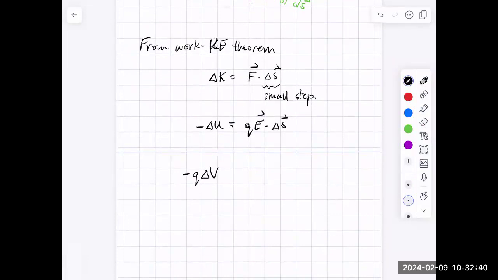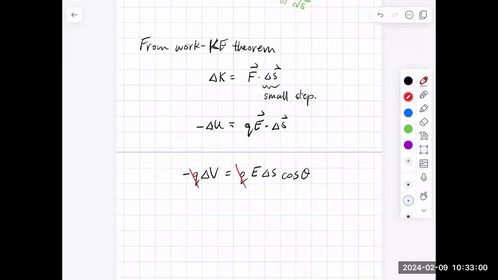And then over here, we're going to have Q, and then we have a dot product, which we could write as E delta S times cosine of theta. Fair enough, we could cancel the Q's.